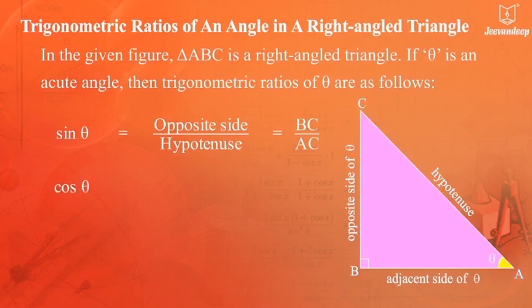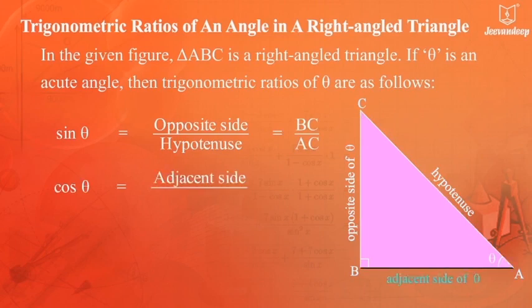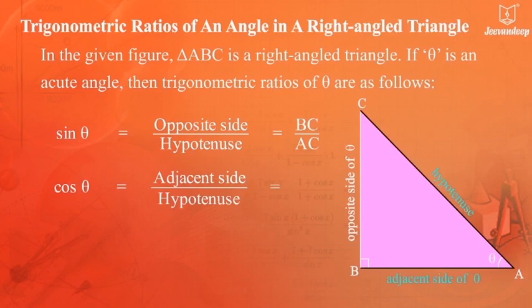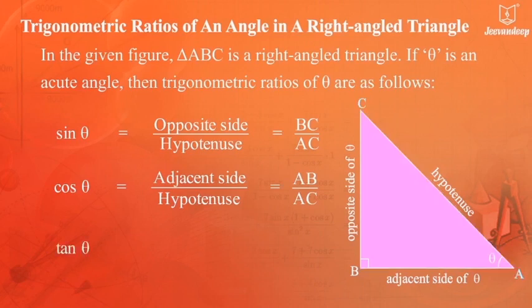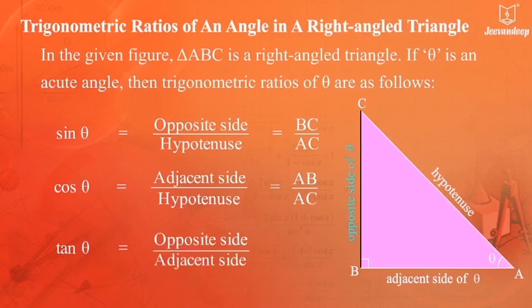Cos theta equals adjacent side upon hypotenuse, that equals AB upon AC. Tan theta equals opposite side upon adjacent side, equals BC upon AB.